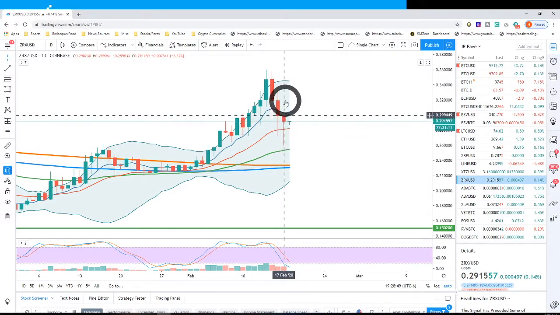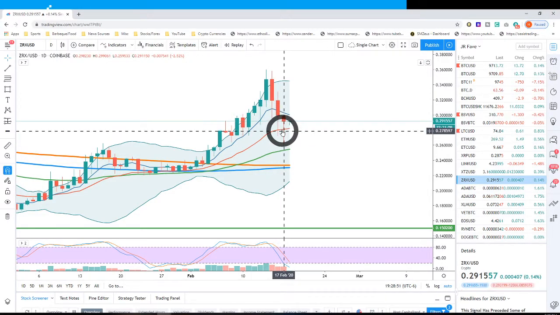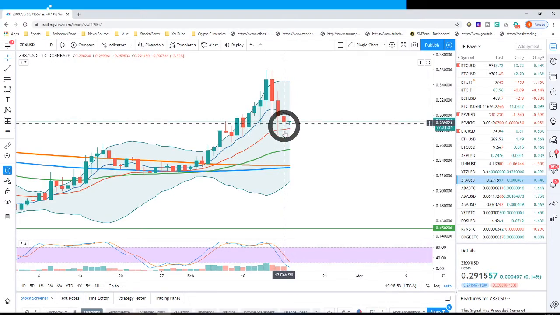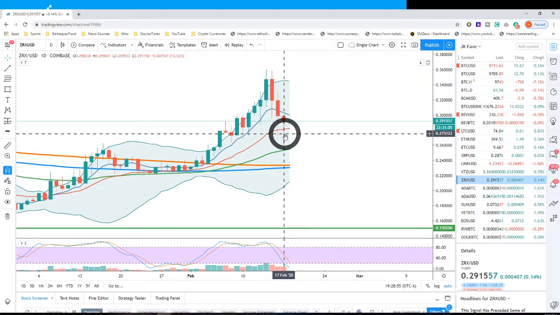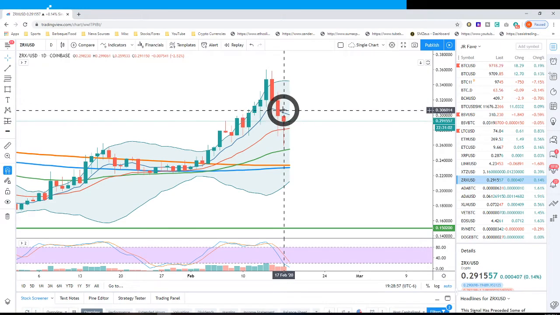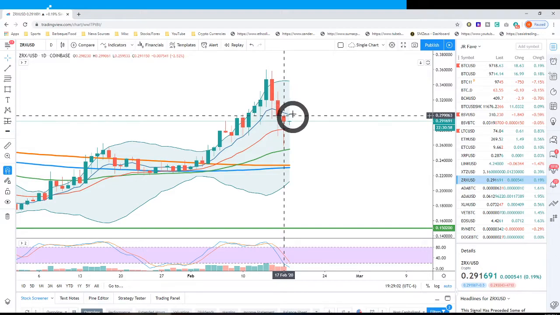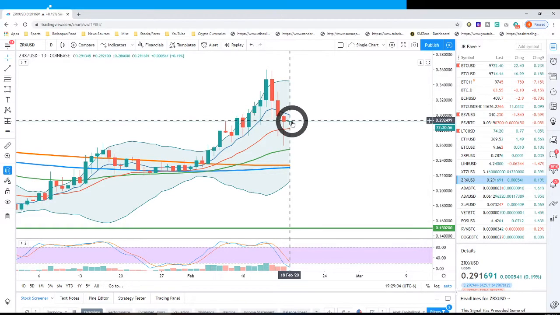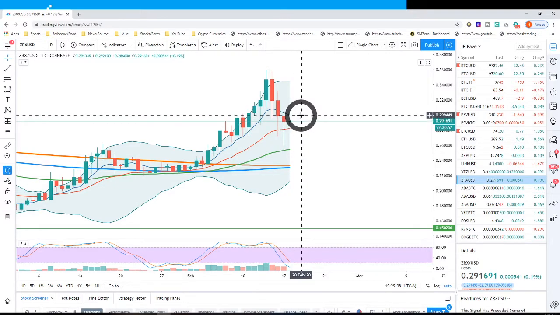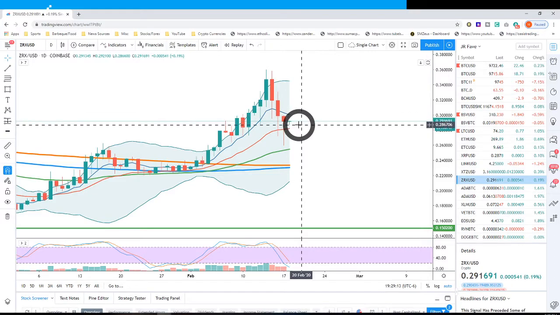You get the long wick out the upside and a green body, and all it meant is that sellers could not push price lower. All this means is buyers could not get it green for the day. So this still has to be watched. I mean, get above 30 cents and that'll change my opinion.